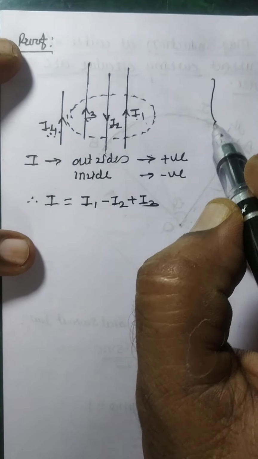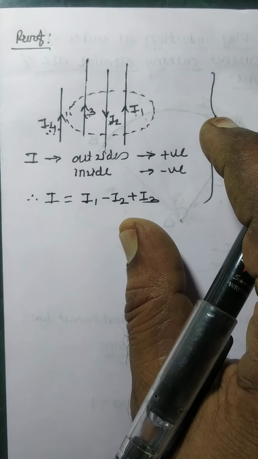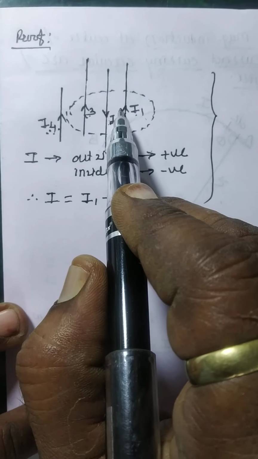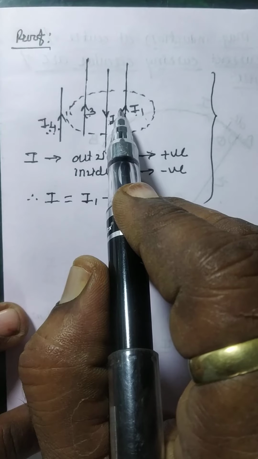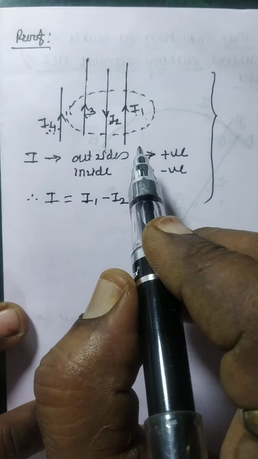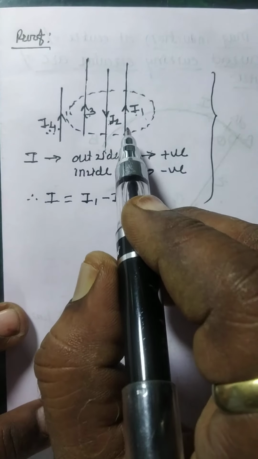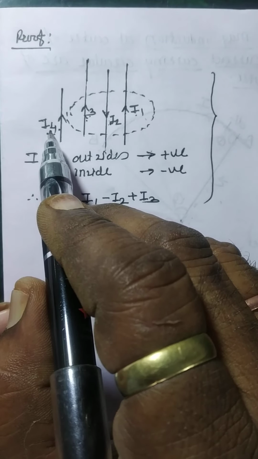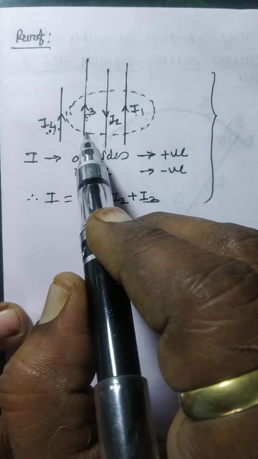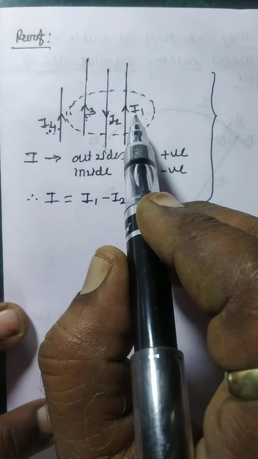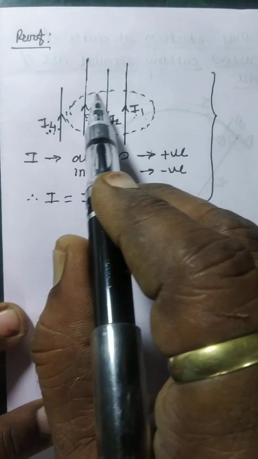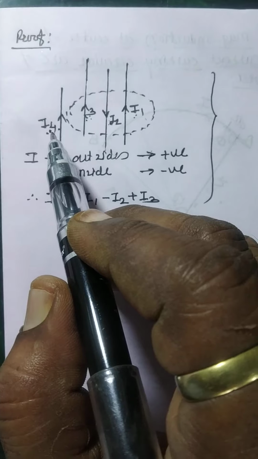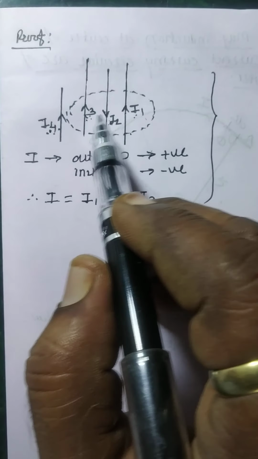परत एकदा बघा आपण काय म्हणतो या ठिकाणी. Consider 4 straight current carrying conductors carrying currents I1, I2, I3 and I4. Now suppose that currents I1, I2, I3 are within the loop and I4 is outside the loop.